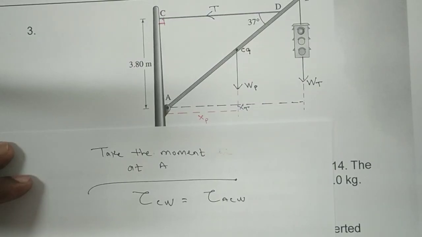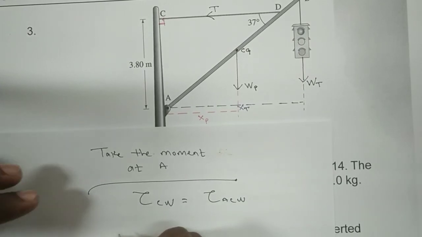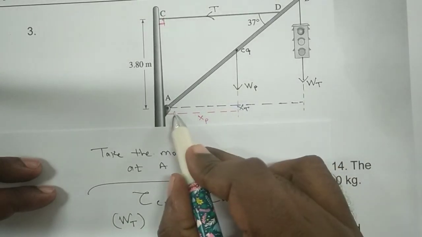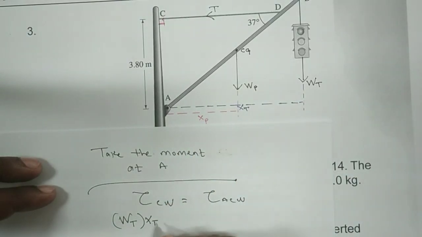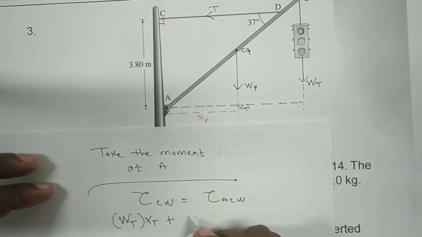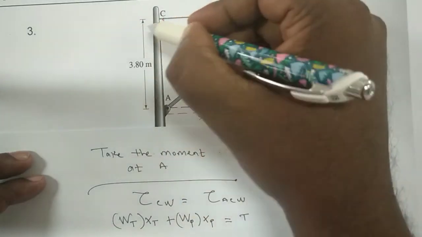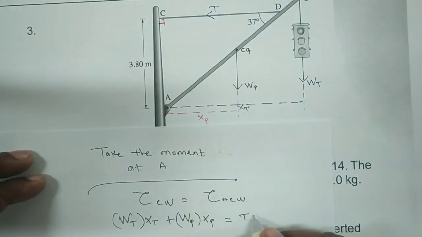So for clockwise direction, weight T times xt plus weight P, weight of pole, times xp, the perpendicular distance, equals the torque of anticlockwise, the tension of the cable, times the perpendicular distance, 3.8 meter.